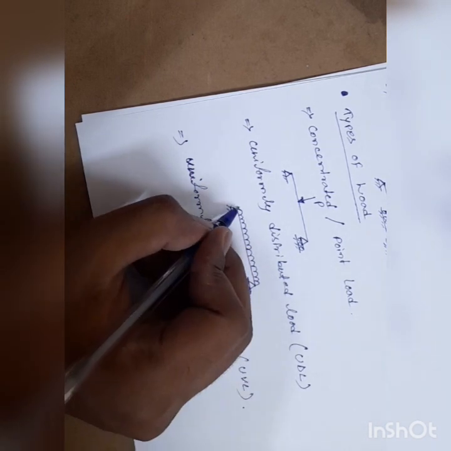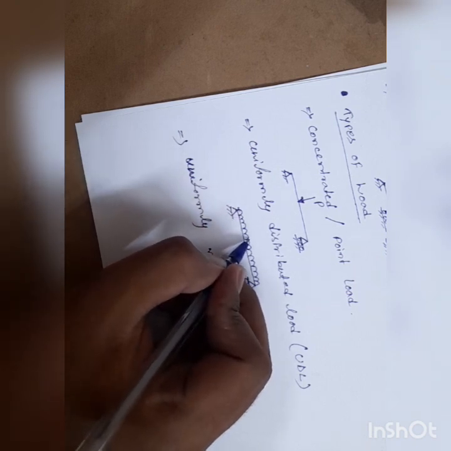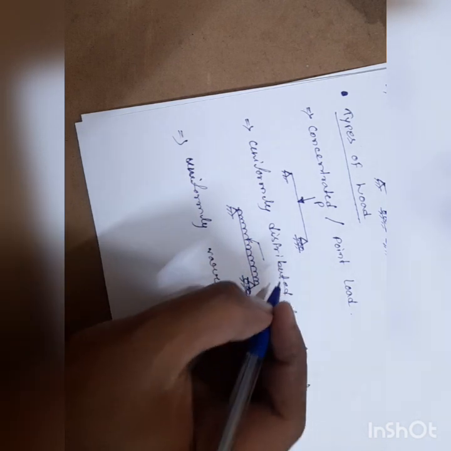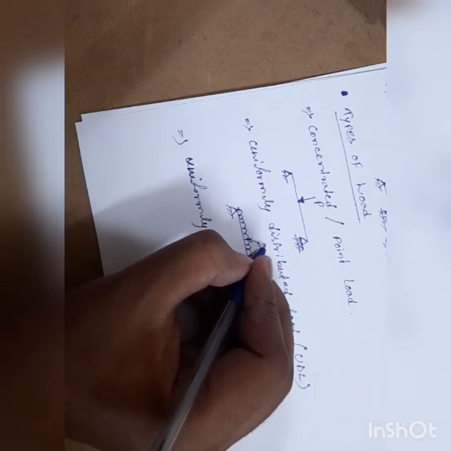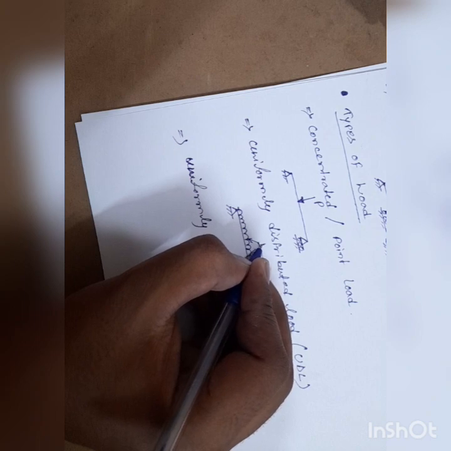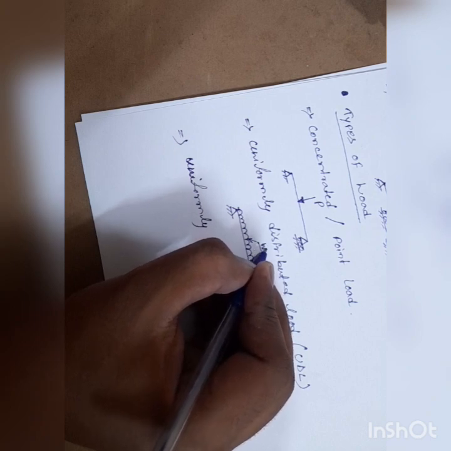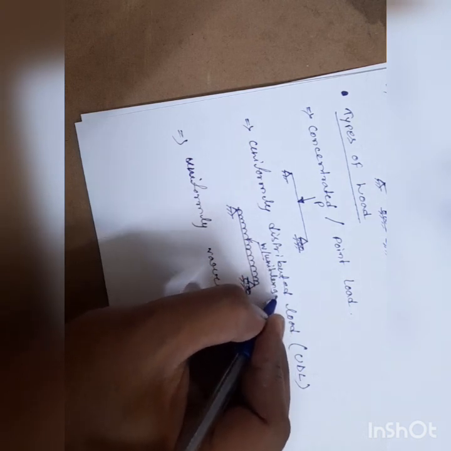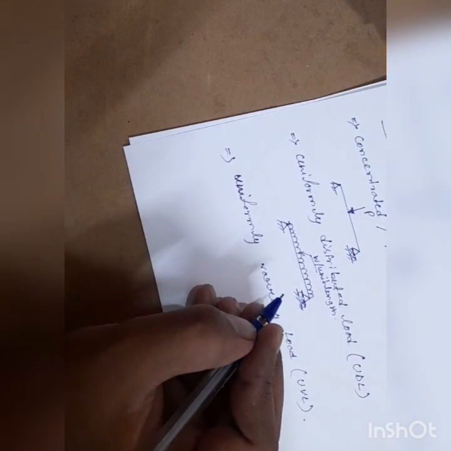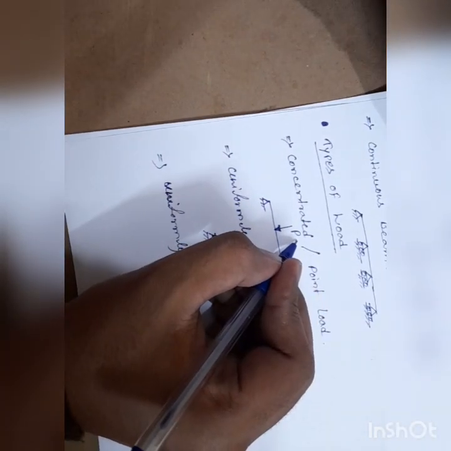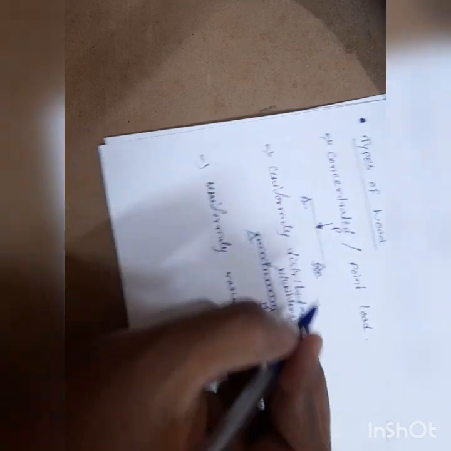This is UDL, or uniformly distributed load. It is given as load per unit length. Load is W per unit length. Okay. And the concentrated load is only a load, that is P.